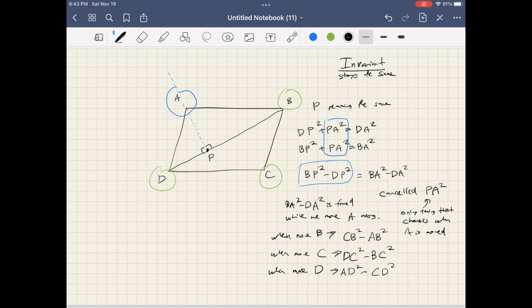And we basically want to combine all these things that stay the same into one big invariant. So we want to find one common invariant that stays the same no matter which of A, B, C, D is chosen.